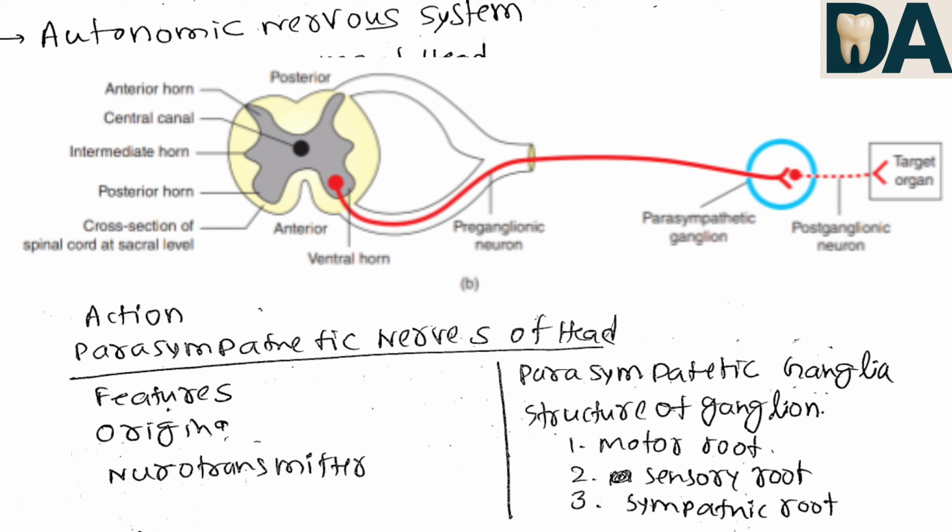The parasympathetic nerves which originate from S2, S3, S4 spinal nerves are called the pelvic splanchnic nerves or the nervi erigentes. Neurotransmitter: acetylcholine is the neurotransmitter at the parasympathetic nerve ending.